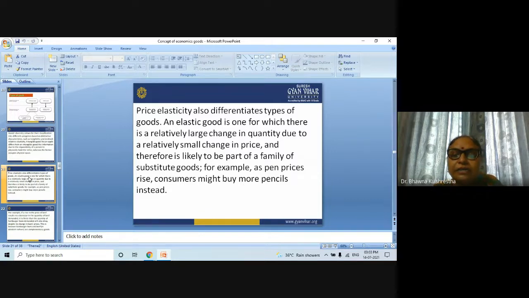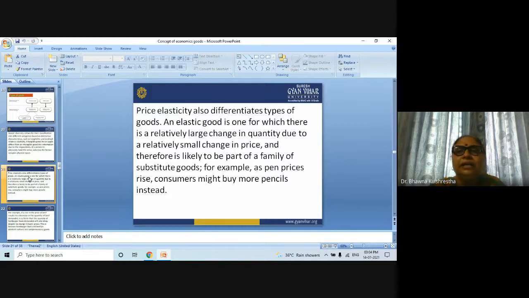is likely to be part of a family of substitute goods. For example, as pen prices rise, consumers might buy more pencils instead.